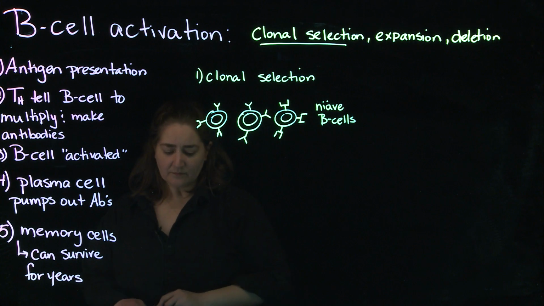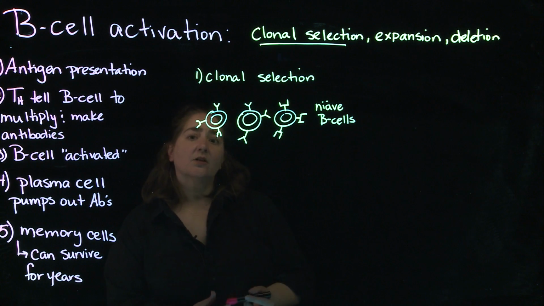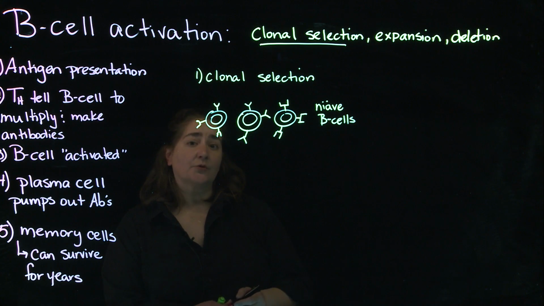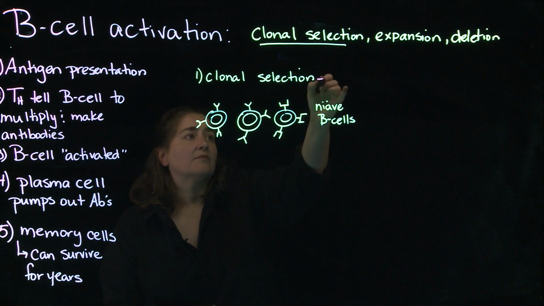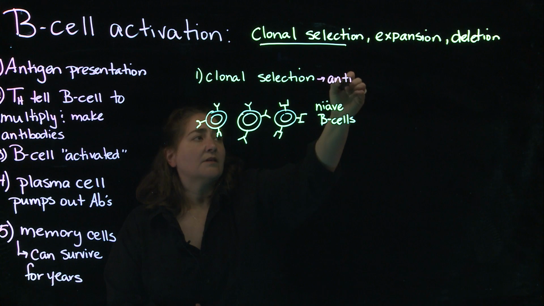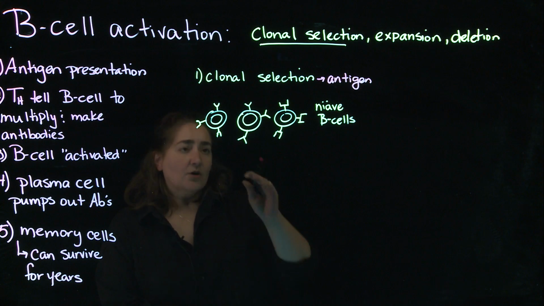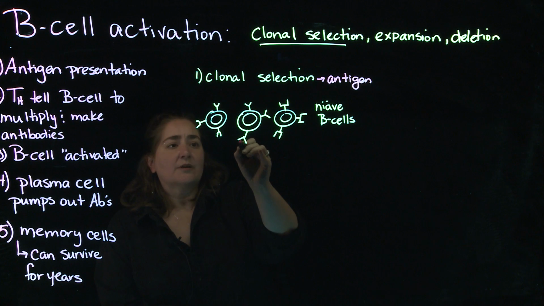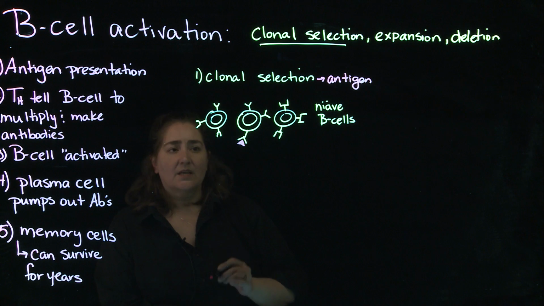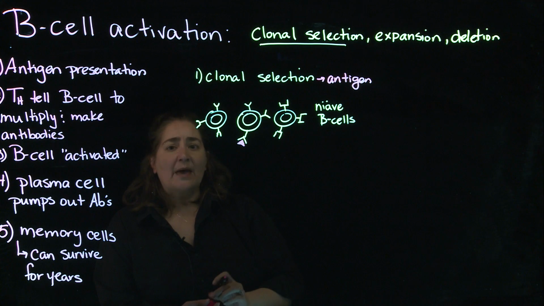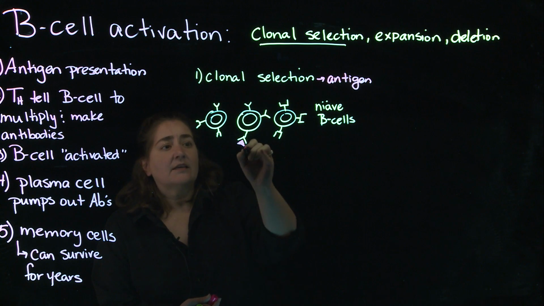All right. What happens in the process of clonal selection? This is where the antigen comes into play. Okay. With clonal selection, we've got the one, and I'll use a triangle because I used a triangle in the last one, an antigen bound to our naive B cell, okay?